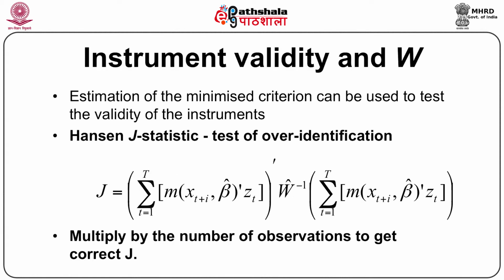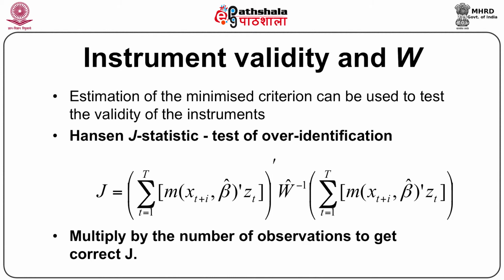Now, the minimized criterion can be used to test the validity of the instruments. We have already noted that you have more instruments L than is required, that is, the number of parameters to be solved, and hence you have the case of over-identification.